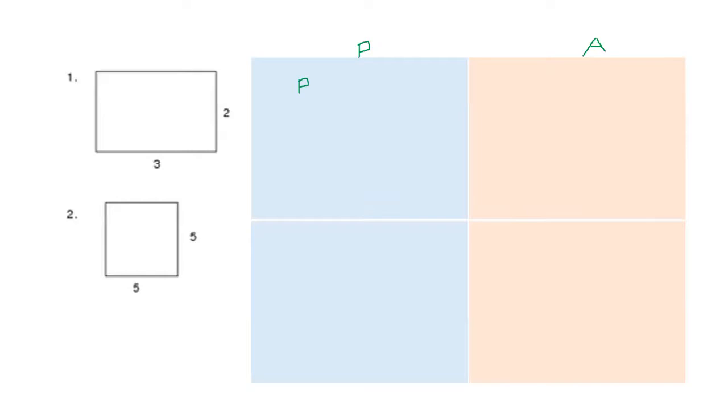We always put down P equals add all the sides. This printing is painful. Okay, so we're going to add 2 plus 2 plus 3 plus 3.